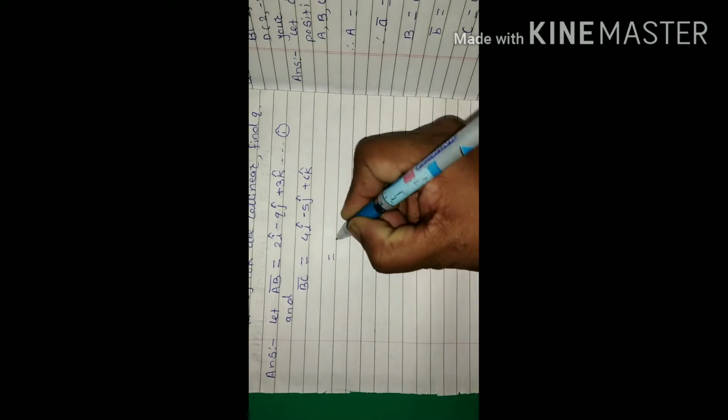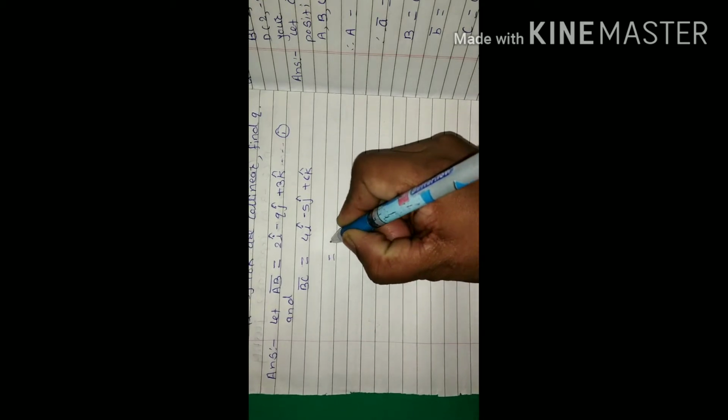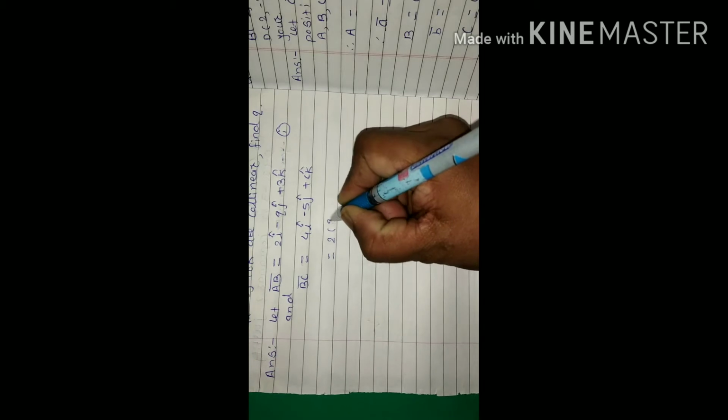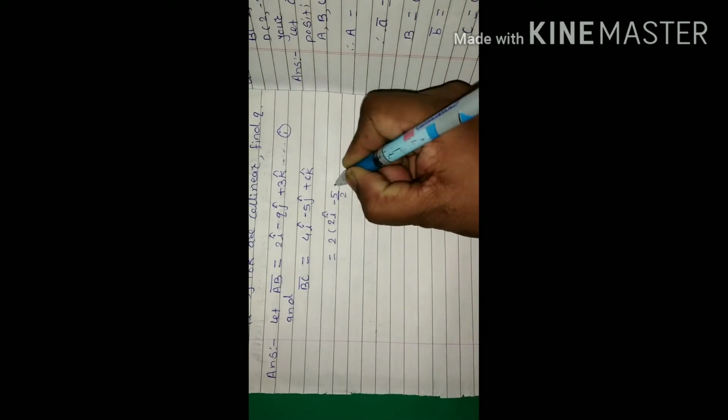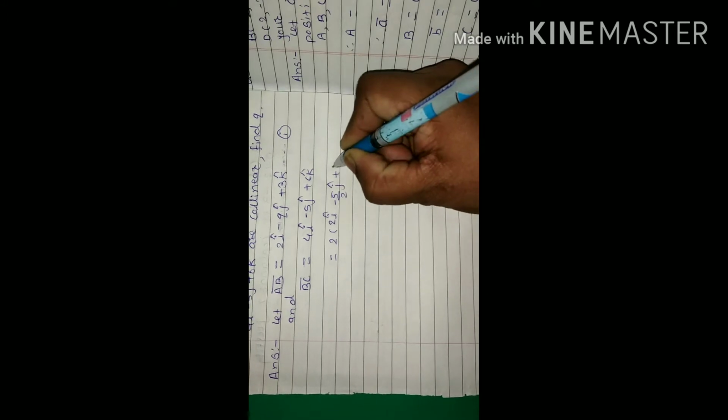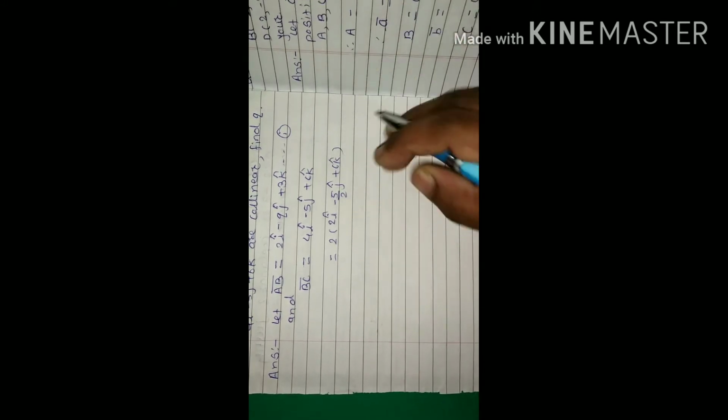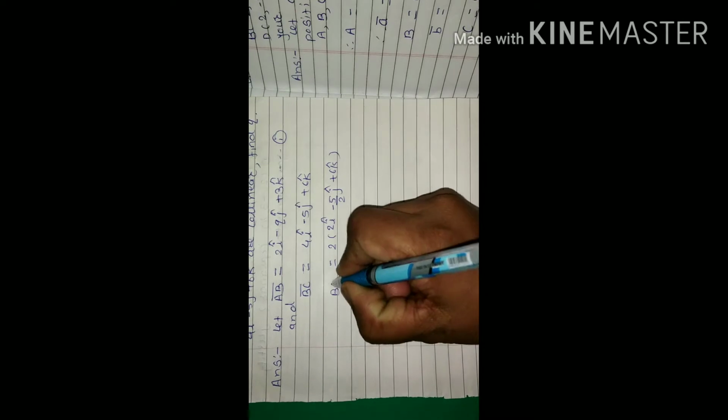Take the common term 2, the remaining terms in bracket: 2i cap minus 5 divided by 2 into j cap plus 6k cap. It is the value of BC bar.